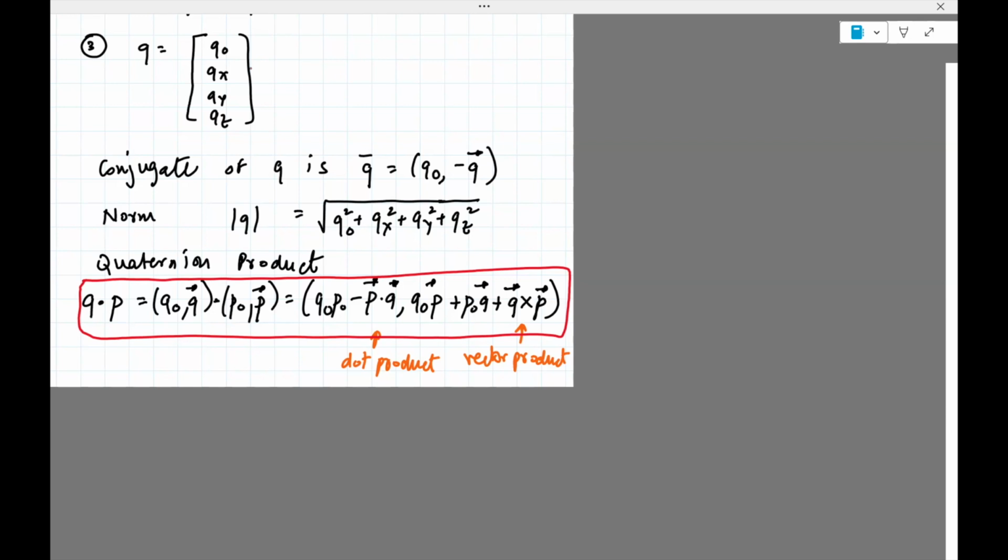Now, the quaternion by itself, I don't know of any good geometric interpretation of the quaternions the way it is set up. The way you can link quaternions with rotations, or with rigid body dynamics, is through what is known as the axis angle representation.